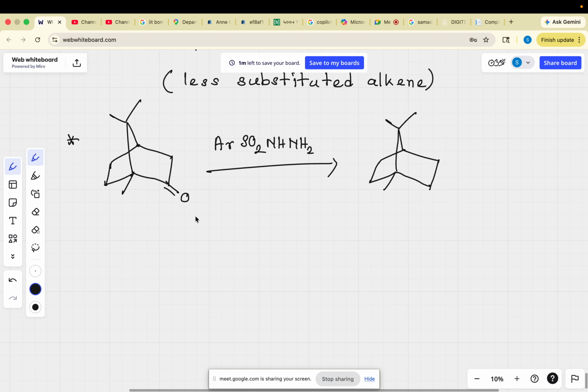So what will you get from here? More substituted alkenes. No, initially, suppose this reaction. Tell me about only this reaction. I am not asking about Shapiro and Bamford-Stevens now. Suppose you have this ketone compound and you have this hydrazine derivative. So what will be the product?